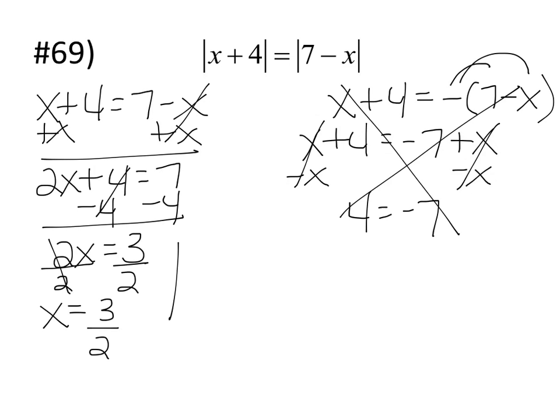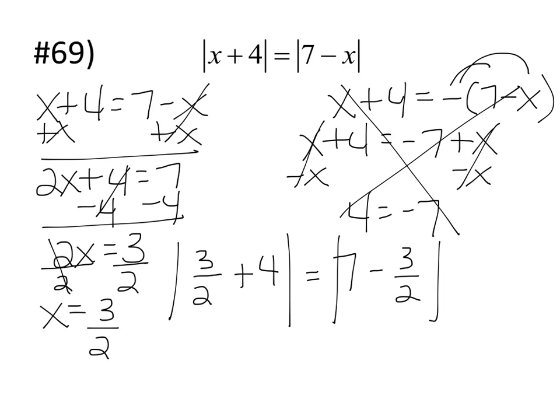So let's plug in here. We get 3 halves plus 4, absolute value, is equal to 7 minus 3 halves, the absolute value of that. So we need a common denominator. We've got 3 halves plus what over 2 will give me 4?